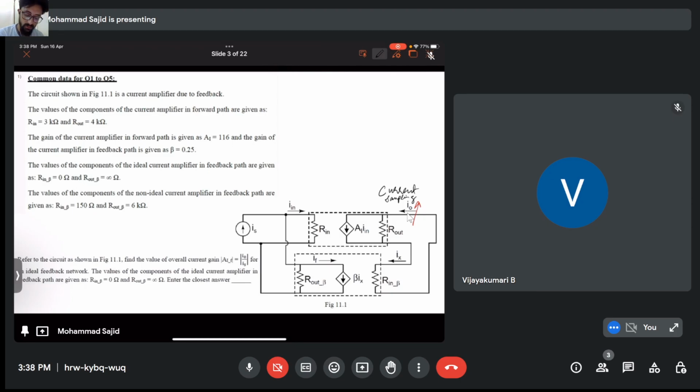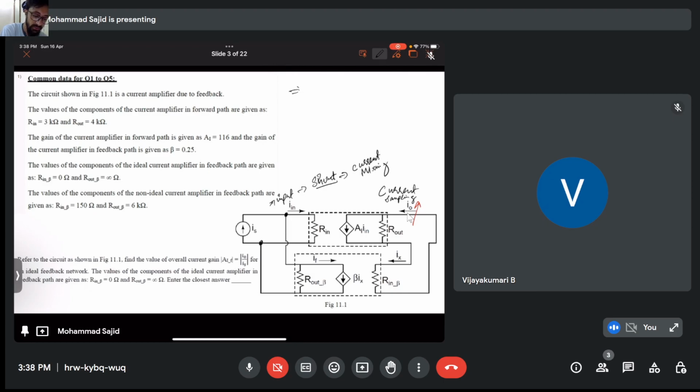Now, if you look at the input side, the configuration is in shunt, right? You see these two terminals from the feedback are in shunt. So this will be current mixing.